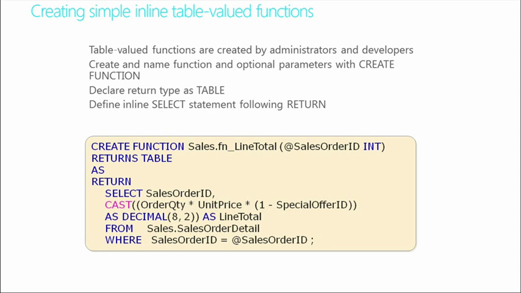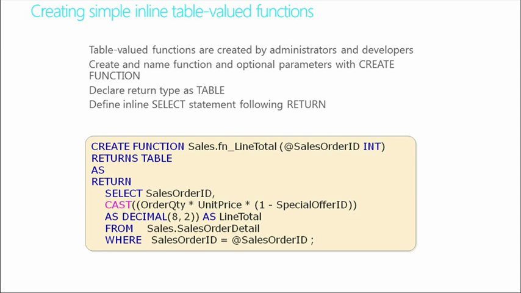Table valued functions are created by administrators and developers. We can create a named function using CREATE FUNCTION here. We're creating a function for a line total, and we're going to pass a parameter called sales order ID. Notice what's unique about this: it returns a type called table. So instead of a scalar function returning a value or a group of values, it actually returns a table.